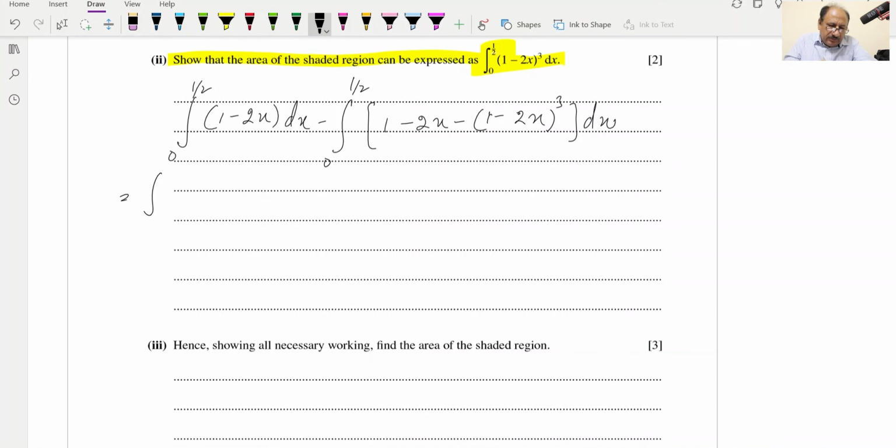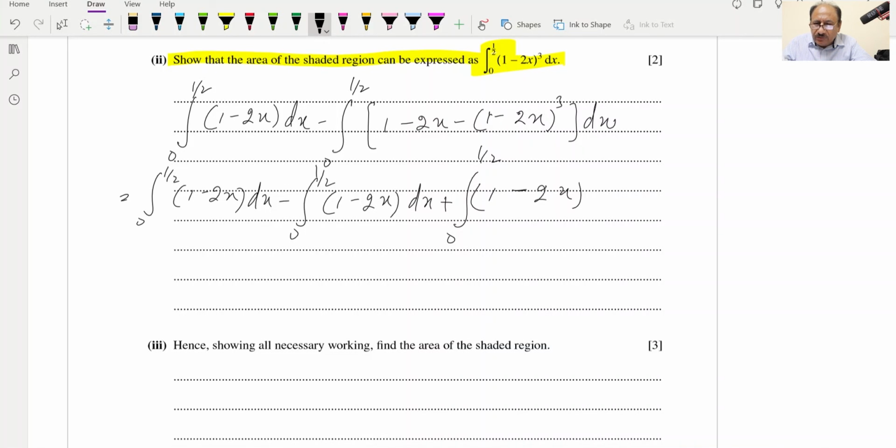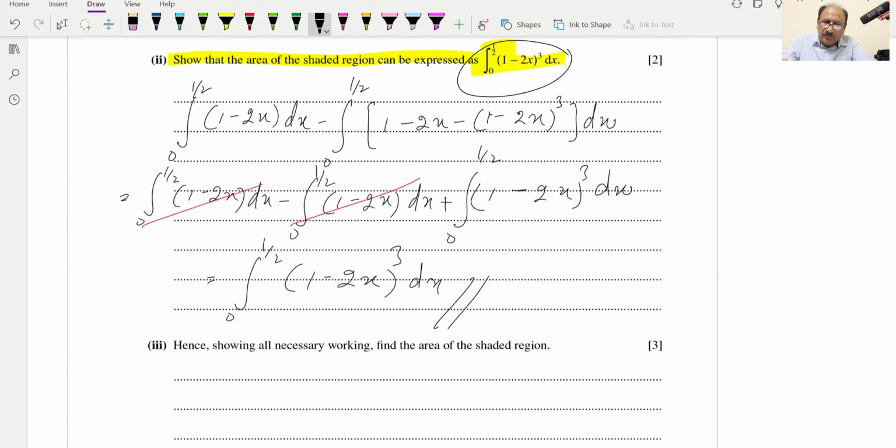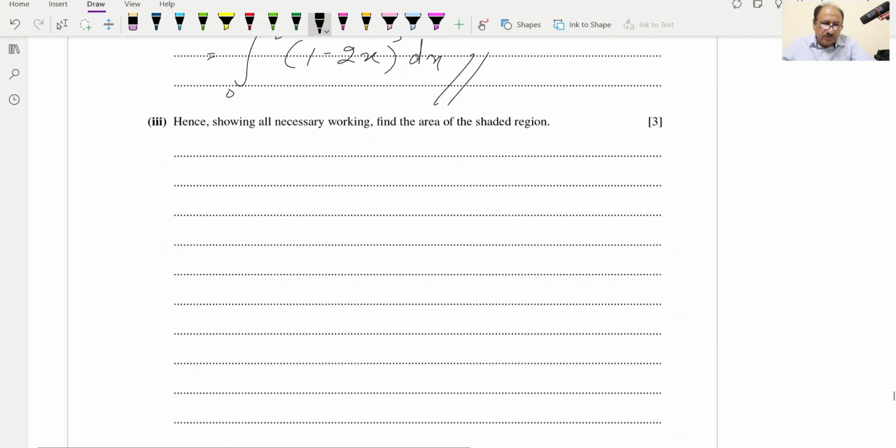Then we get the integral of 1 minus 2x dx, and this minus changes to plus, so we get plus the integral from 0 to 1 by 2 of (1 minus 2x) raised to power 3 dx, and the first term cancels, and we get the integral from 0 to 1 by 2 of (1 minus 2x) cubed dx, which is the same format as provided. So the 2 marks question is done.